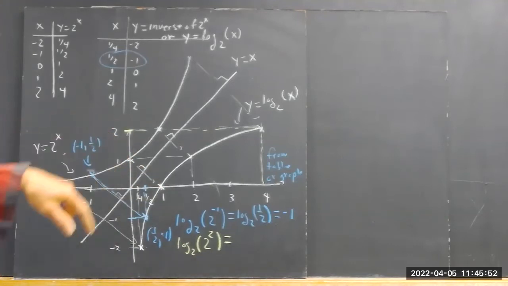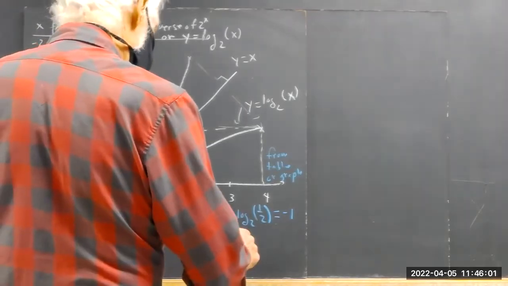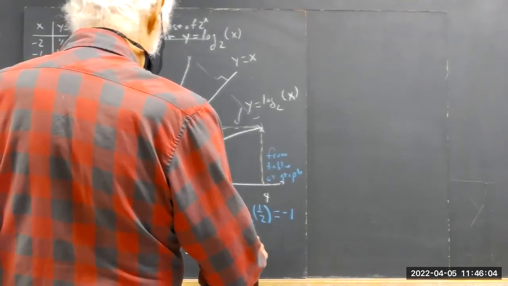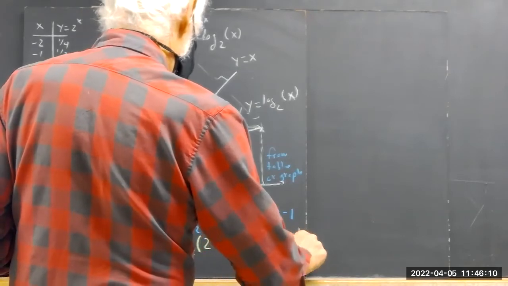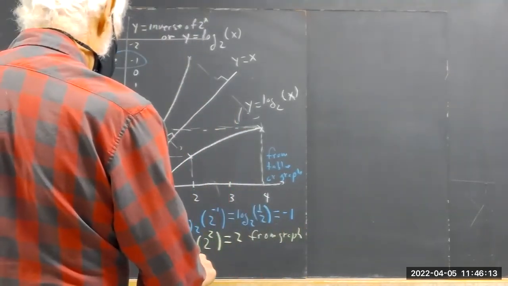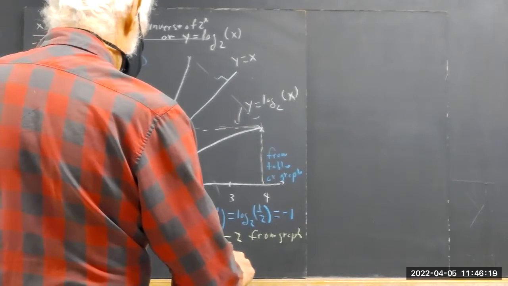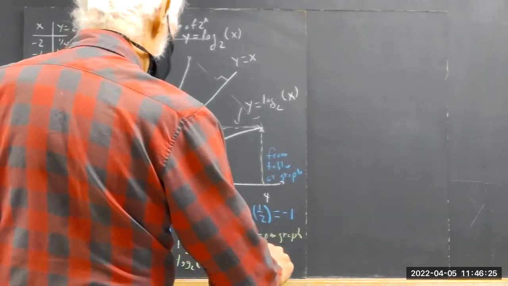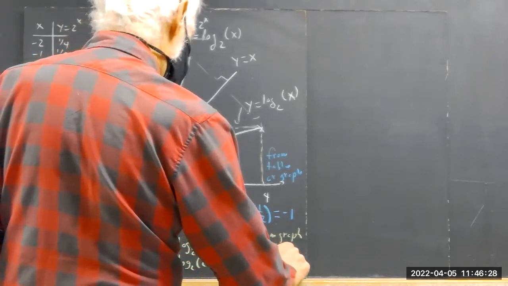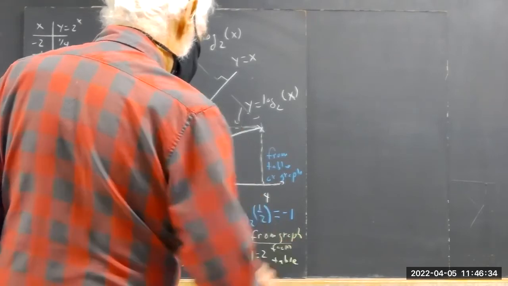Okay. Now the table also tells us, log base 2 of 2 squared equals 2 from the graph, or log base 2 of 2 squared is log base 2 of 4 equals 2 from the table.